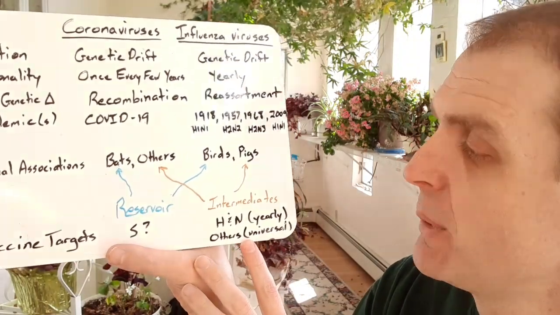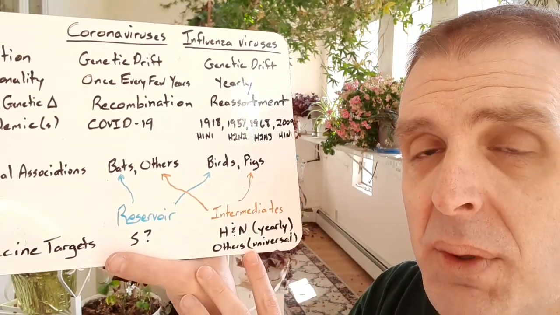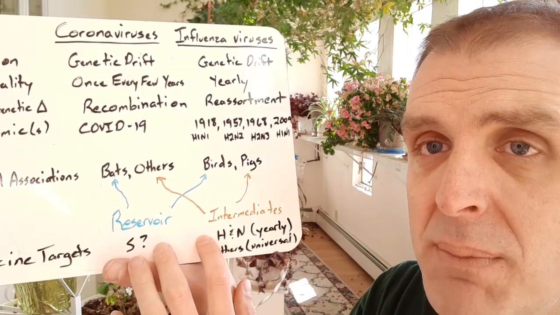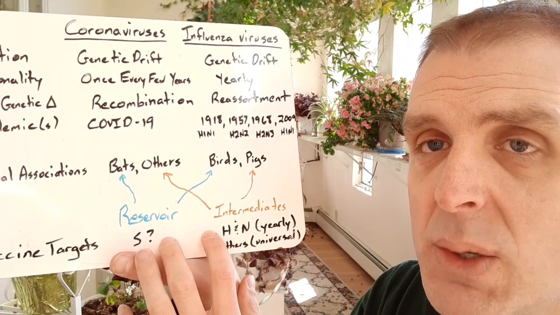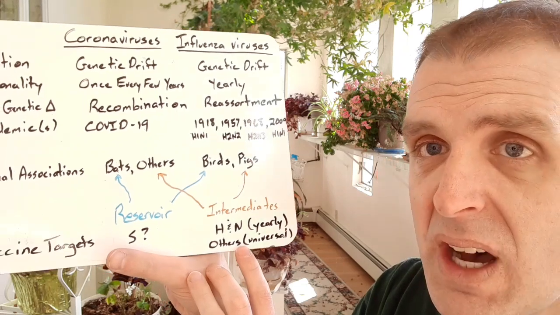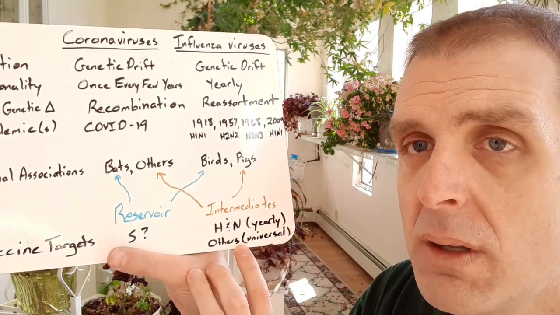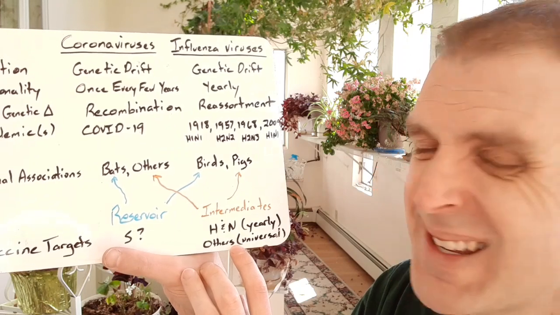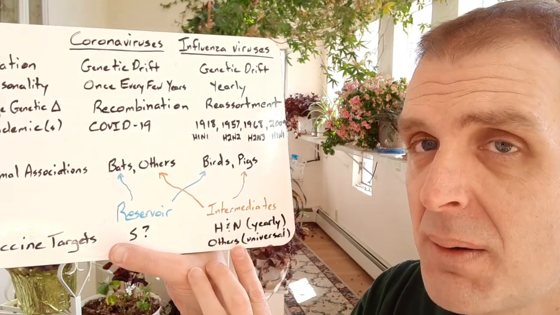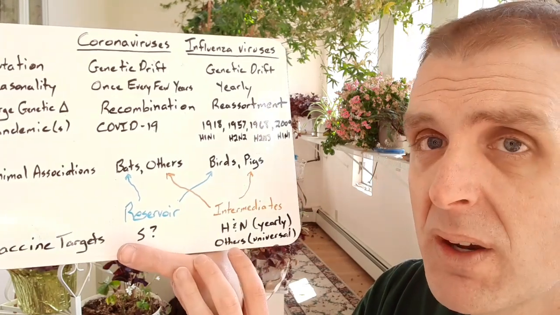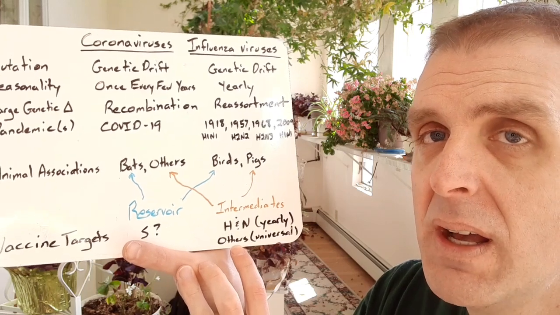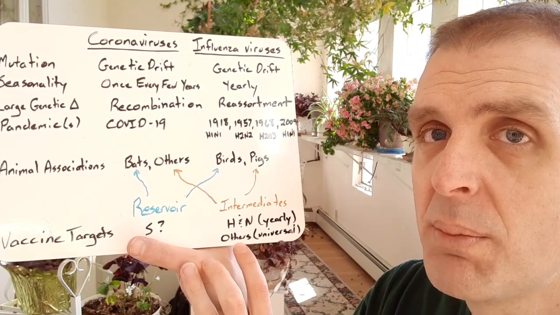Then with the influenza virus, the yearly influenza virus vaccines are typically made to the new mutations, the genetic drift that we see with the H and the N proteins of that virus. There is talk of trying to make a universal influenza vaccine that would target either some conserved part of the H1N1, which is hard to do, or some of the other proteins made during a virus infection, such as the nucleoprotein or the polymerases.